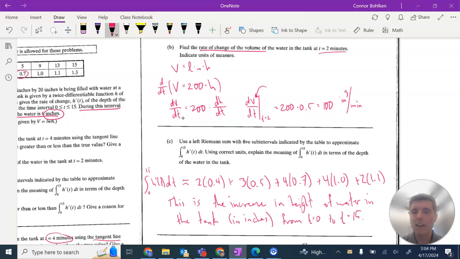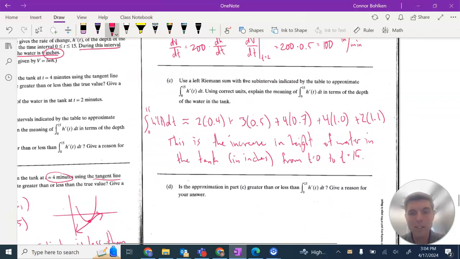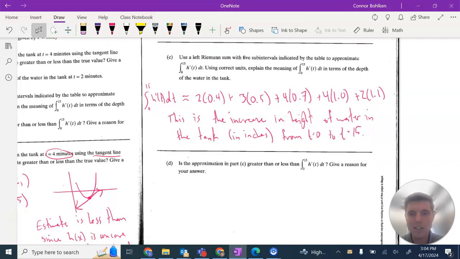Anytime we integrate a rate function, we integrate a derivative, we get a total amount. That's our key idea here. This is probably 3, maybe 4 points, because you got to do the Riemann sum, you got to say what it means, and there's just a lot of ways to go wrong here. So 3, potentially 4. And then the last one, is the approximation greater than or less than?